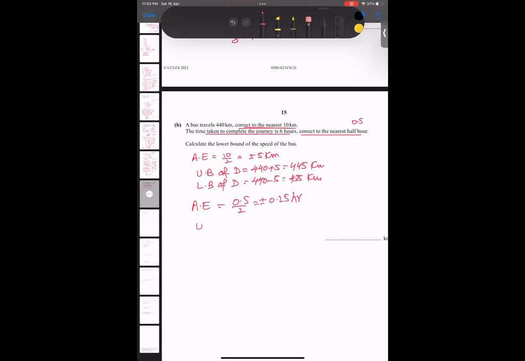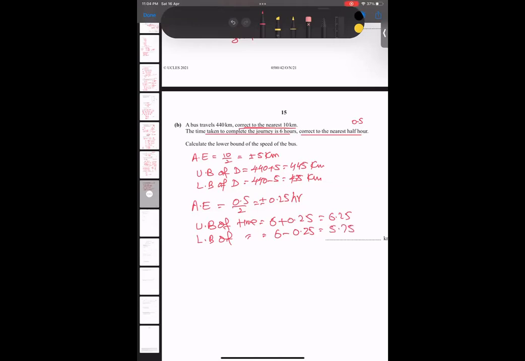So what is the upper bound of the time? 6 hours, add and subtract. So 6 plus 0.25, and the lower bound I'm getting here, 6 minus 0.25. So I'm getting 5.75.